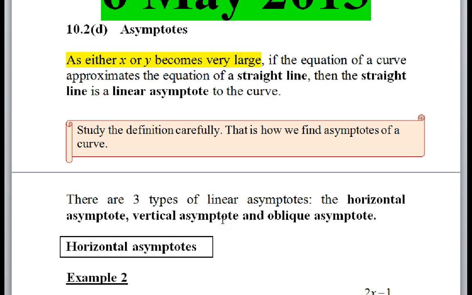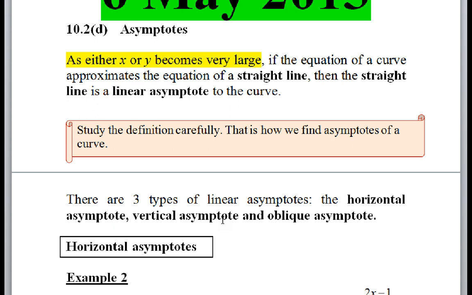Simply put, and what I'm going to say is just in words, not in the notes, an asymptote is simply a line whereby the curve tends towards closer and closer without touching.